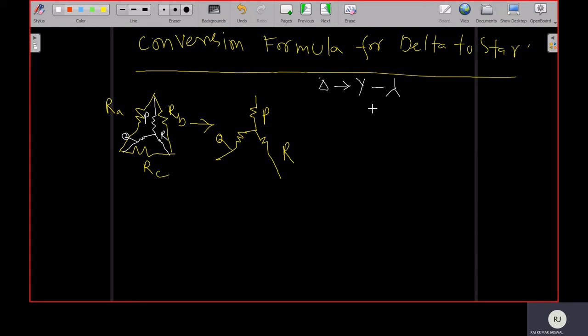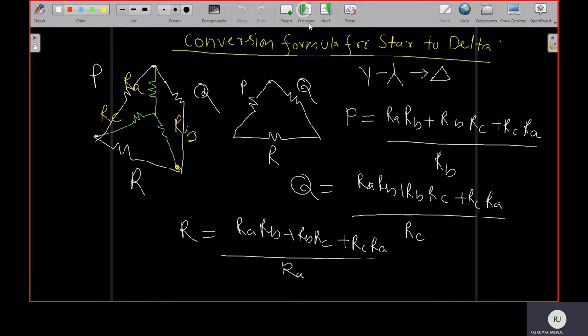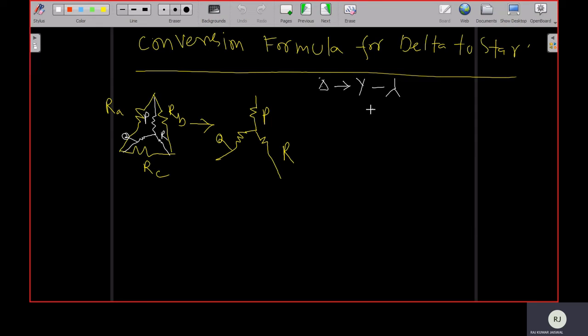If it is the small one, the numerator will be small. If we are going to change into the large one, into the small one, the numerator will be large. If we are going to change the small one, then the numerator will be small.